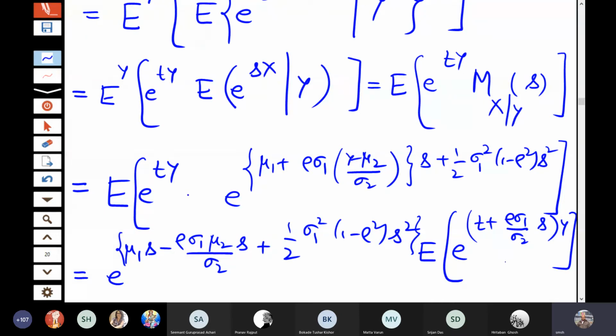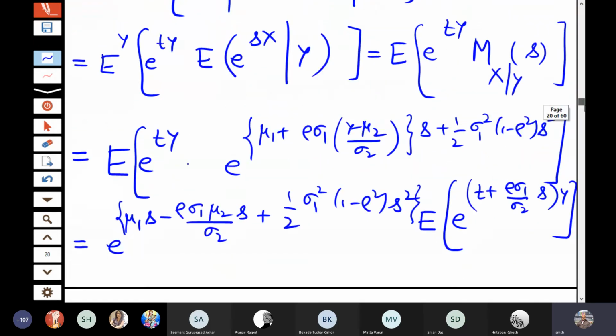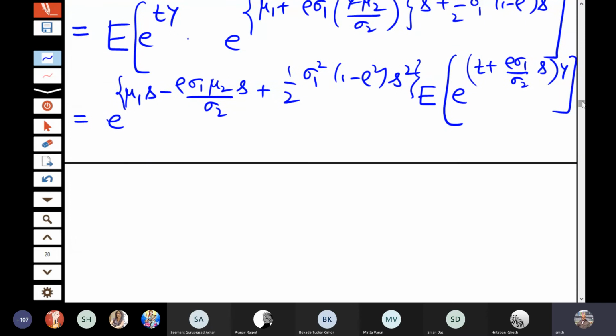This is nothing but the moment generating function of y at the point t plus rho sigma 1 by sigma 2 s.